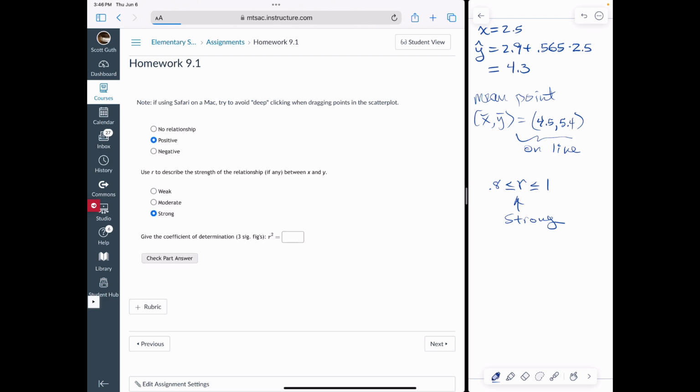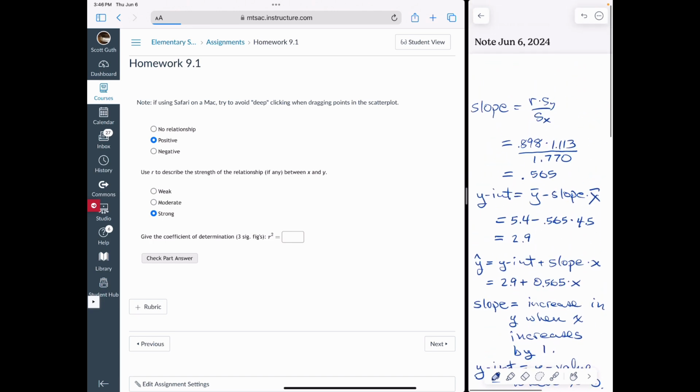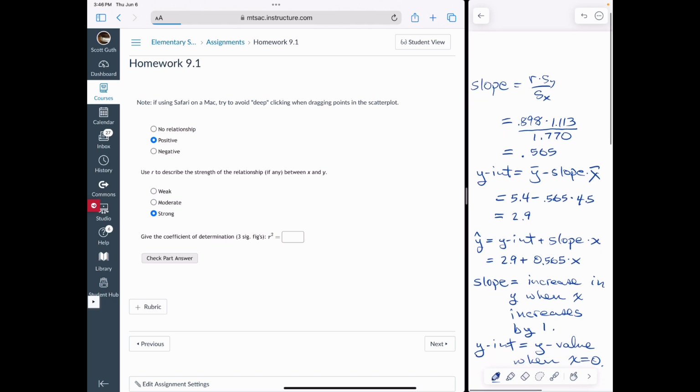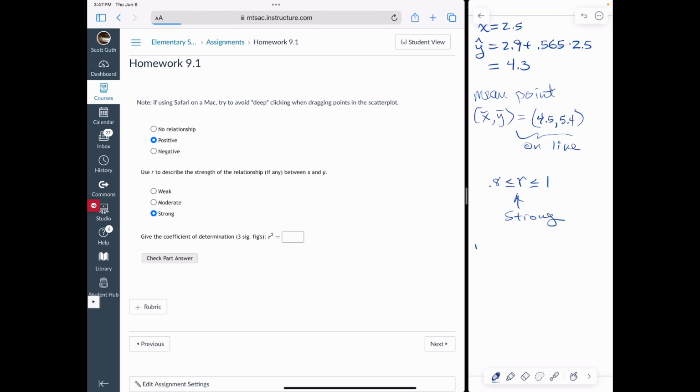Okay, and now they want R squared. So I think I'll just take my R value, and I'm a little nervous about this, but my R value again here is 0.898. You can see it right here and there, 0.898.